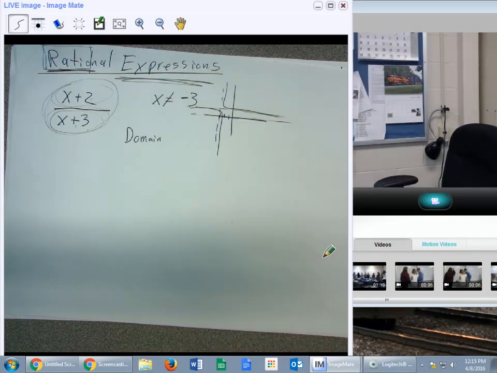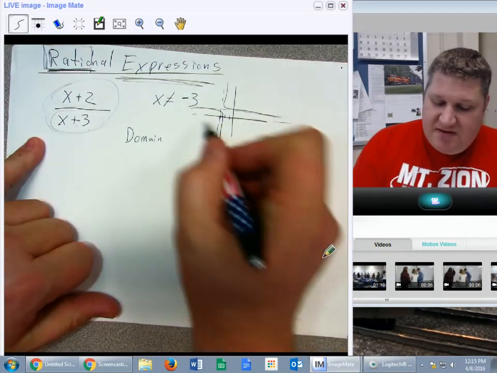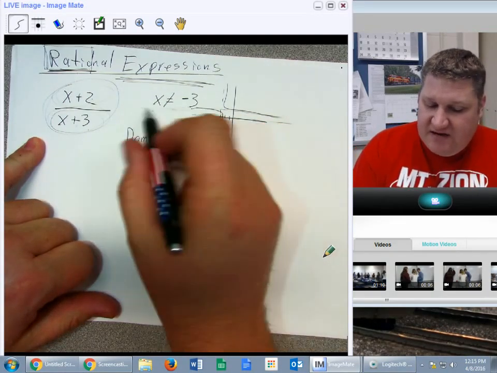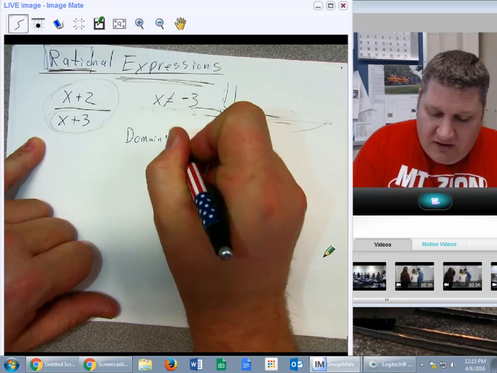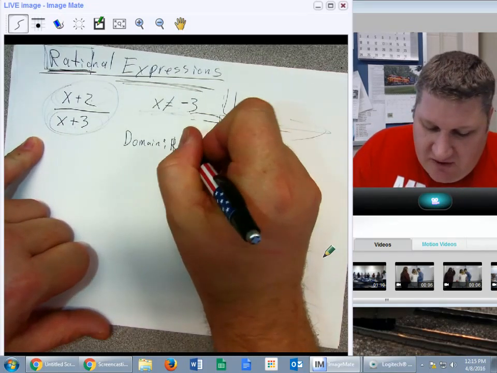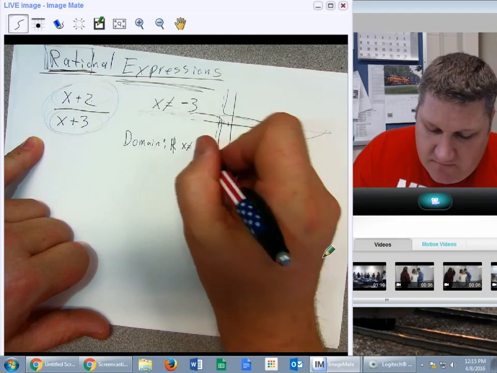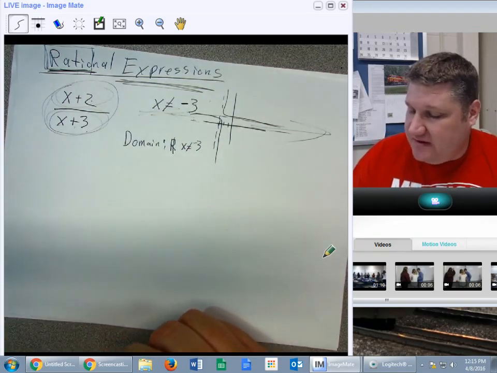So if it's all the possible x values, then I could say it's going to be any x I want from -infinity to +infinity. So that'd be all real numbers. Remember, the big R means all real numbers, as long as x does not equal -3. So that's the first thing.